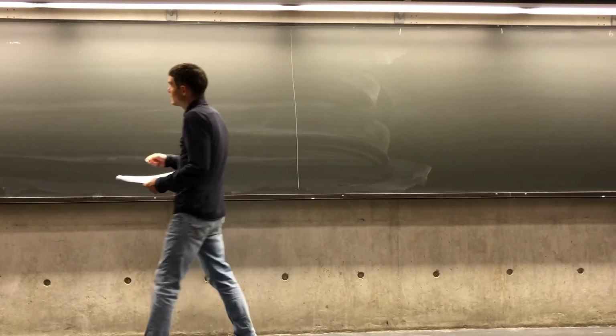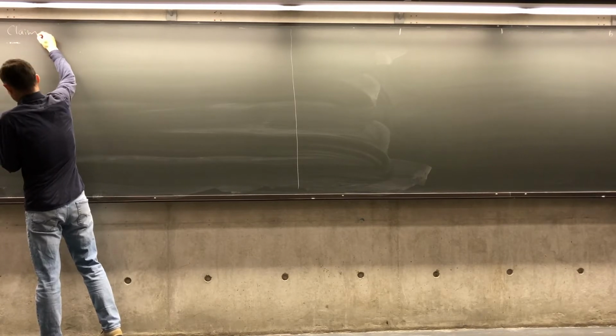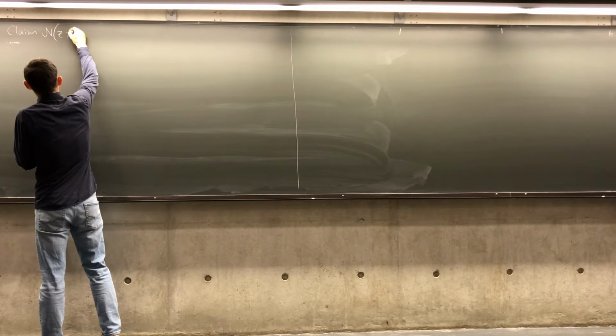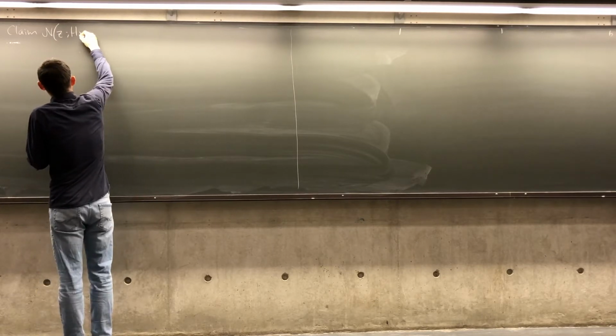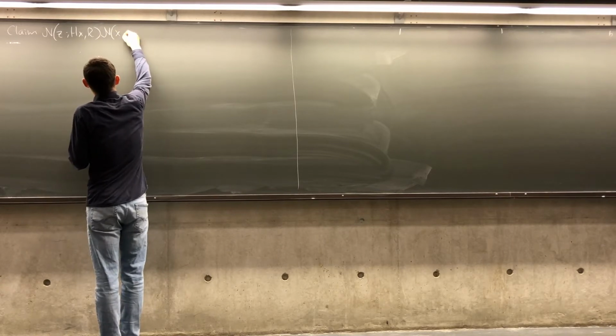So to state the claim I want to prove: we have a product of two Gaussians. We have this Gaussian, times another Gaussian.